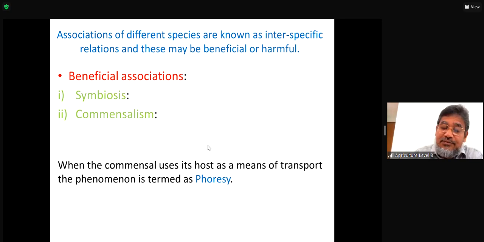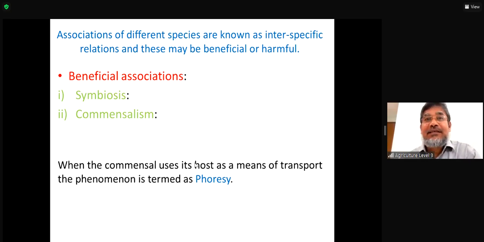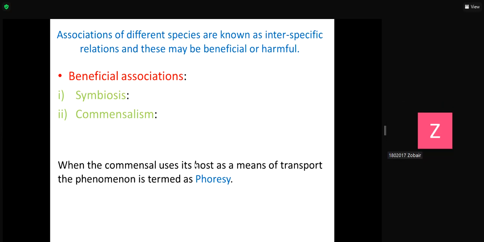For example, the gall insect. That gall insect lives on the plant. The plant produces a gall. The insect lives in that gall. The insect cannot cause damage to that plant, so the association is called commensalism.